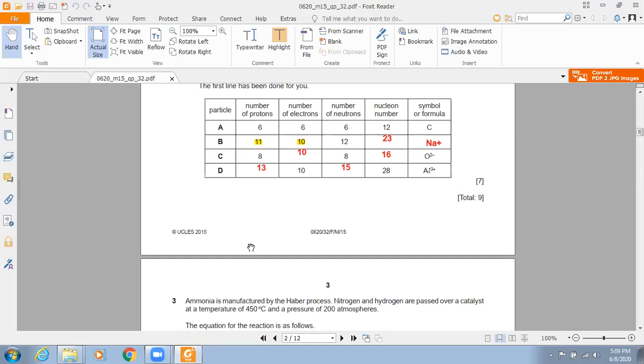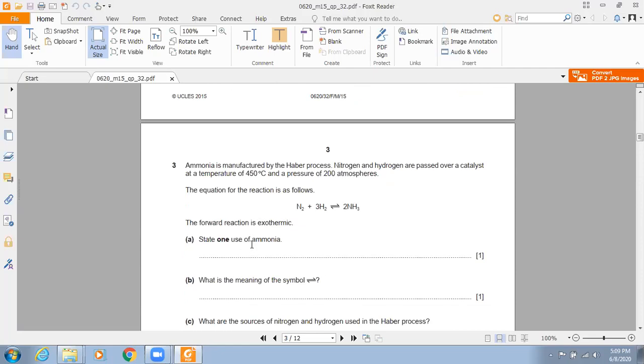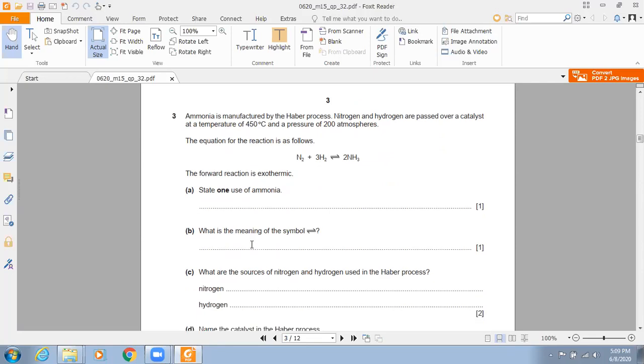Okay, come to question number 3. Ammonia is manufactured by the Haber process. Nitrogen and hydrogen are passed over a catalyst at a temperature of 450 degrees Celsius and a pressure of 200 atmospheres. The equation for the reaction is as follows. So the forward reaction is exothermic. State 1 use of ammonia. Ammonia is used as a fertilizer.